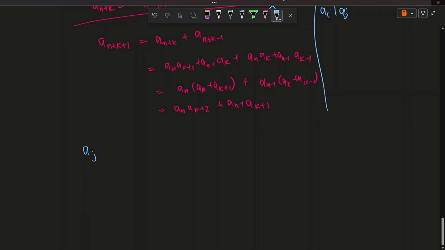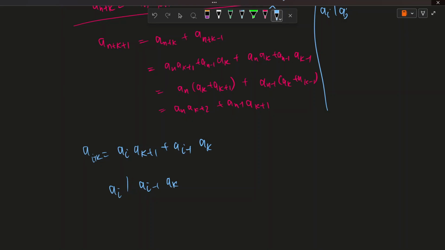So aj equals a_{i+k}, which should be equal to ai a_{k+1} plus a_{i-1} ak. So suppose ai divides aj. Using this we can get that ai divides the RHS, this one.